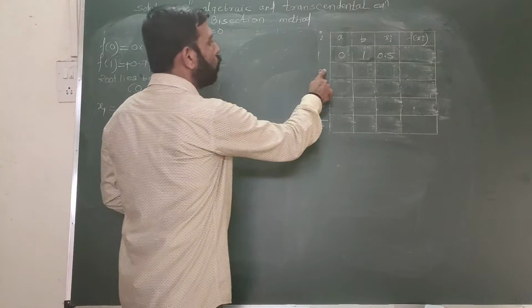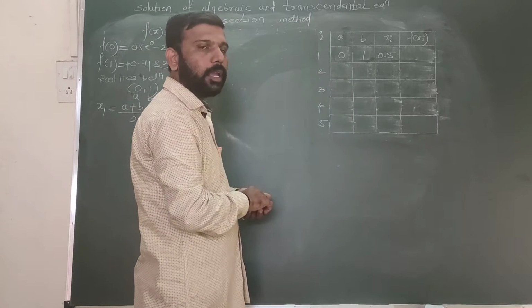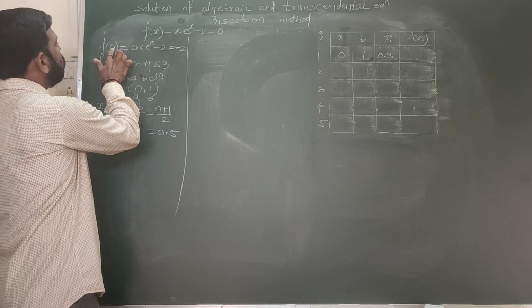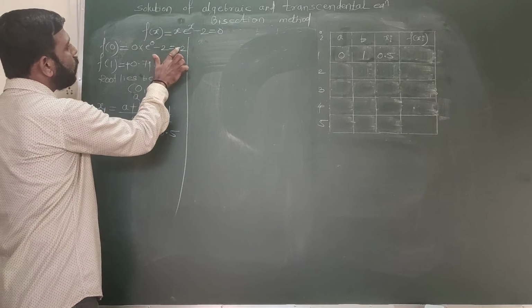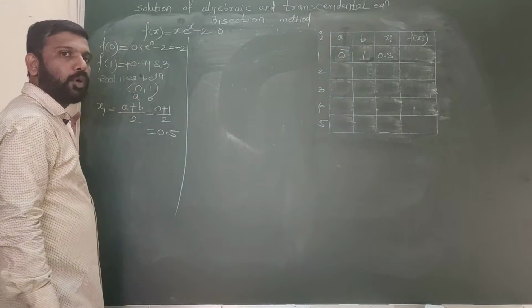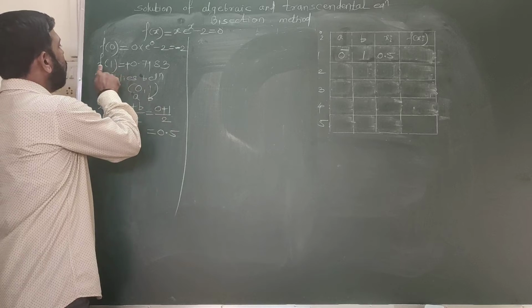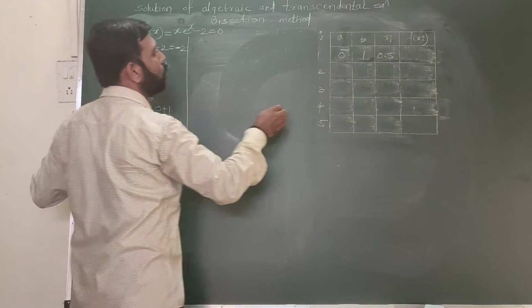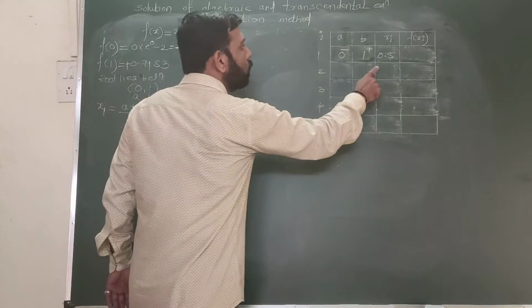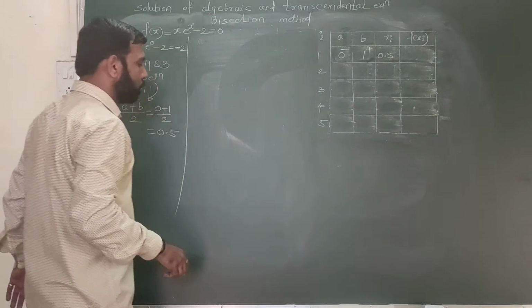Now in the second row we again require values of a and b. For that we understand one concept: f of 0 has a minus symbol, this is the symbol, not a sign, and f of 1 has a plus symbol. Similarly, find the symbol for 0.5.